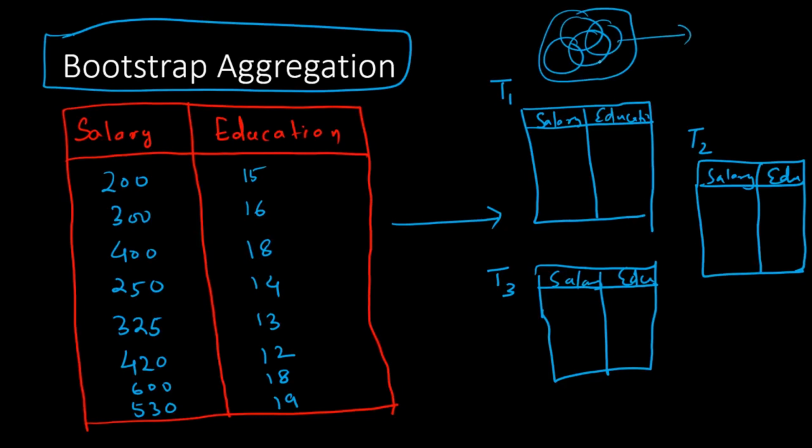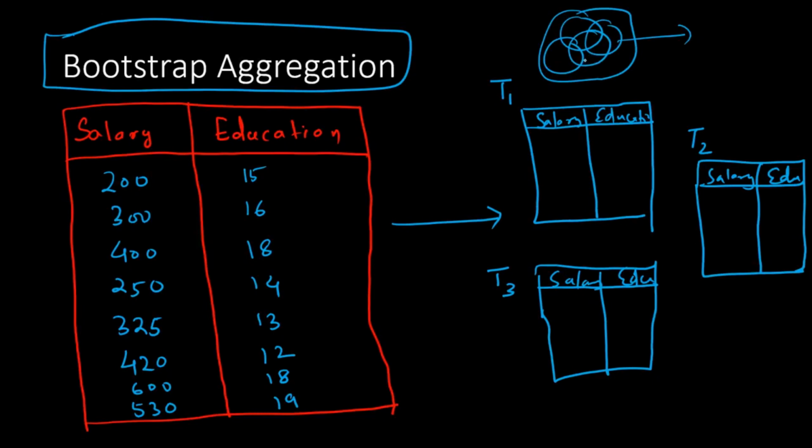The observations are replaceable, so the same observation can be in a subsample. Taking several samples randomly from this bigger sample is known as bootstrapping.